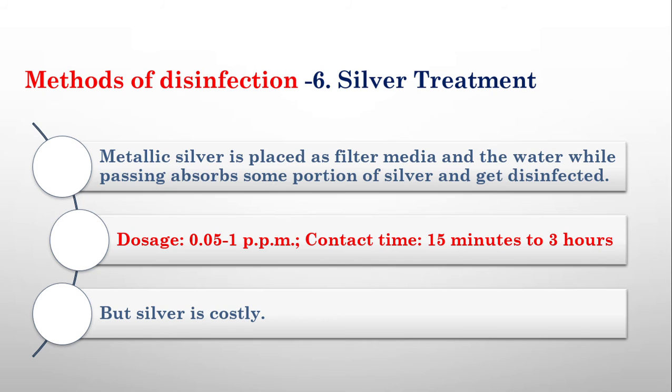That is the principle. When the silver is applied at 0.05 to 1 ppm for a contact time of 15 minutes to 3 hours, then it can effectively disinfect the water. But you all know that silver is very costly, so its application is very much limited.